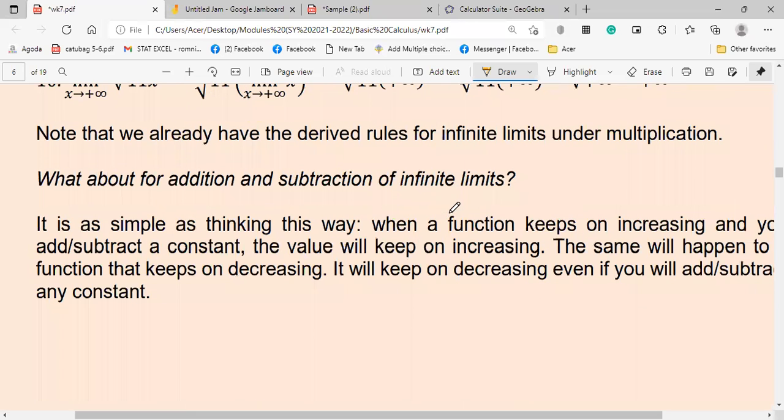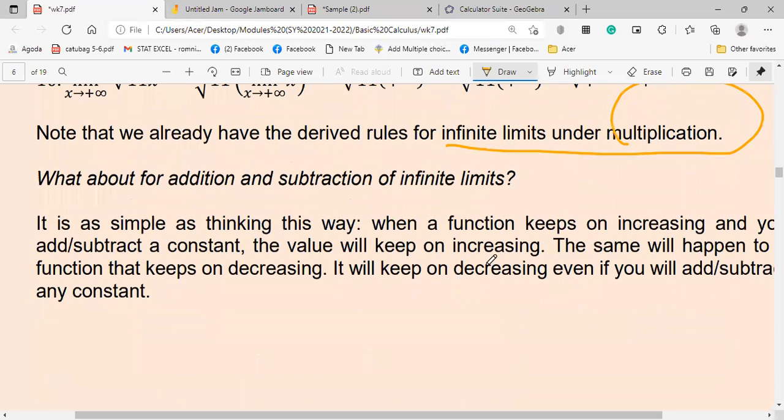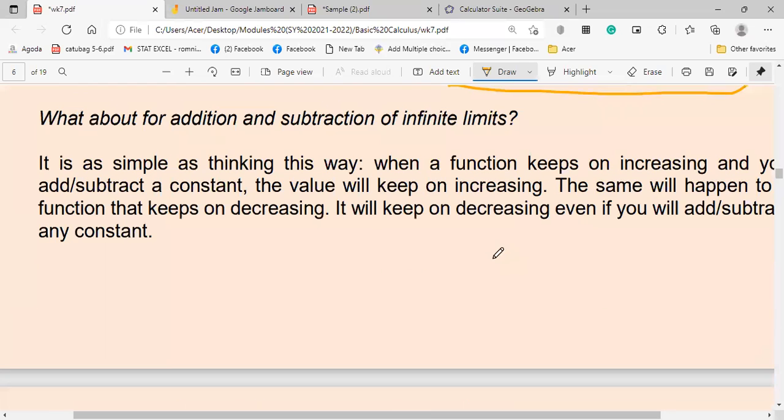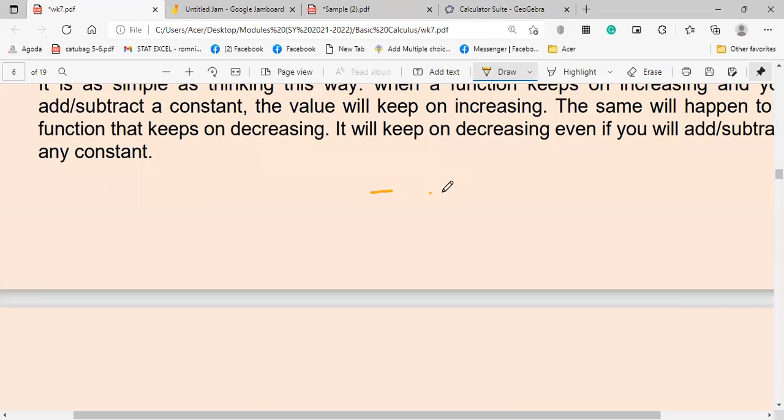Okay, so that is already for the limits under multiplication. And let's have a review. We know already that negative times negative is positive. Okay, when it comes to limits, that's positive also. Unlike signs, it's negative.